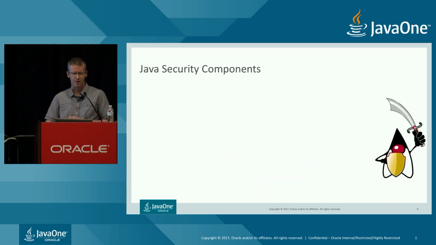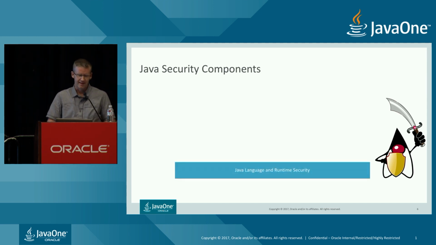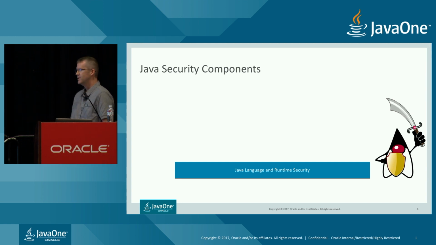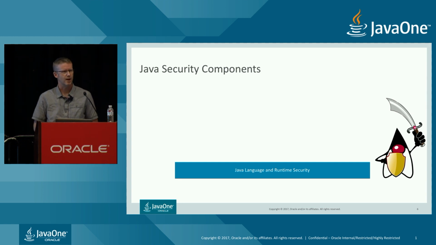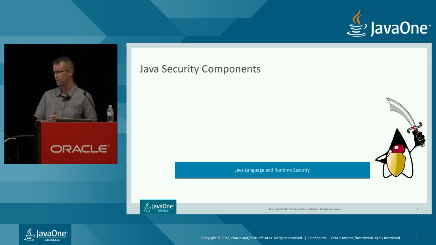So here's my one-slide overview of Java security. No, just kidding. What I'm going to show is a diagram of the different components that make up Java security. At the lowest layer, we have the Java language and runtime security component. These are the things that are built into the Java language that allow you to create more robust and secure applications, things like automatic memory management, different language access modifiers, type safety, and so forth.